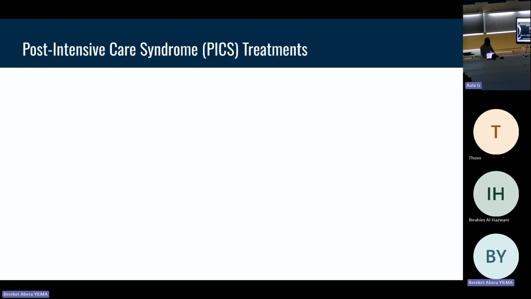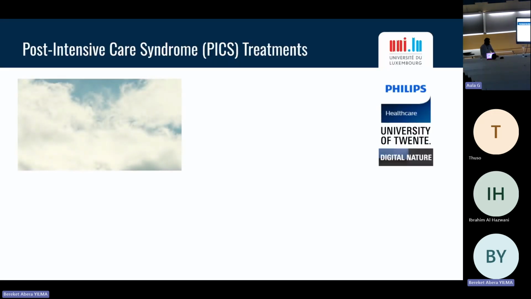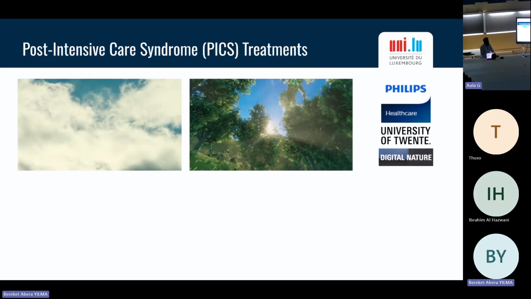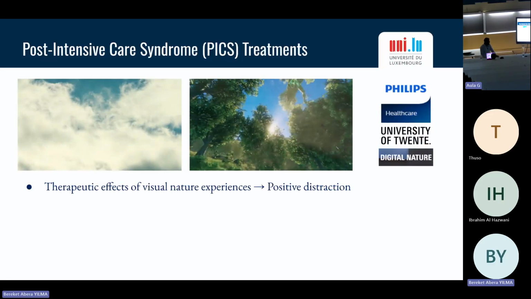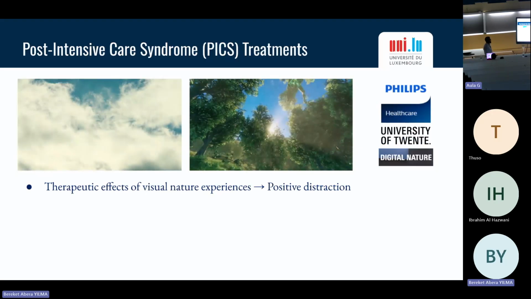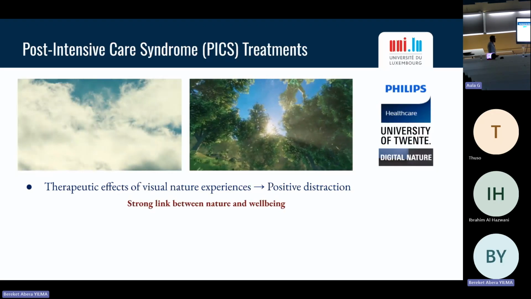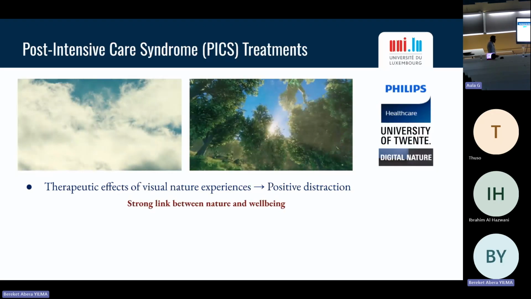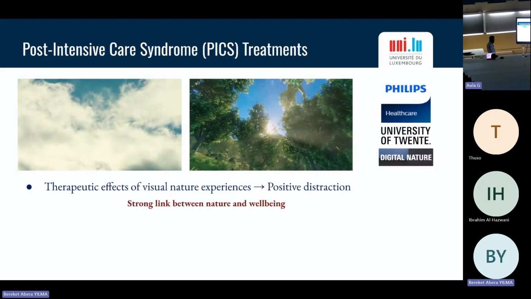But in research, there are interesting evidences between nature exposure and healing, or positive distraction for psychological experiences. So research shows that there is a strong link between nature and mental well-being.